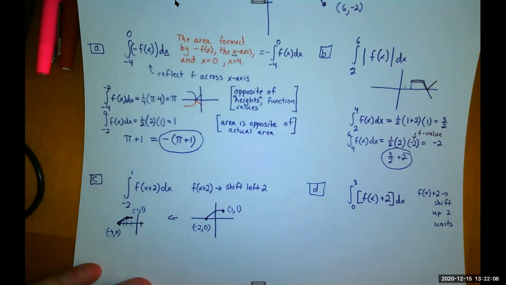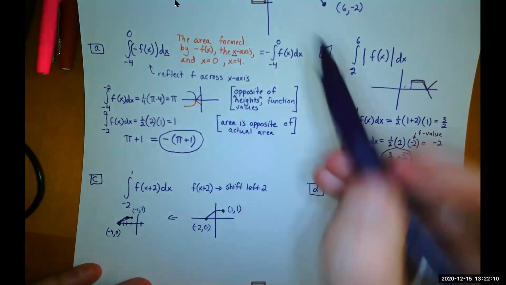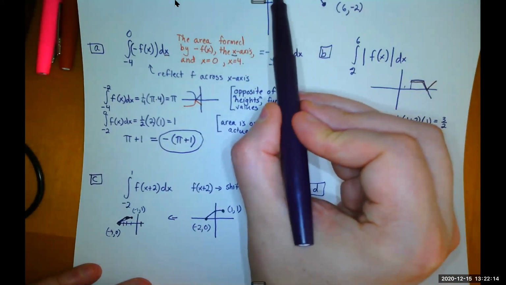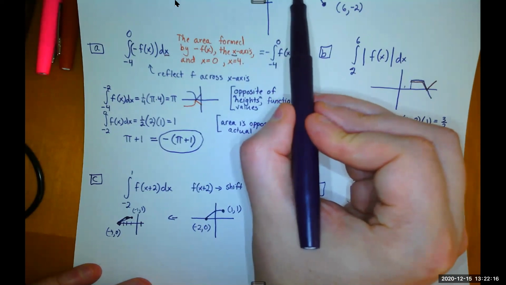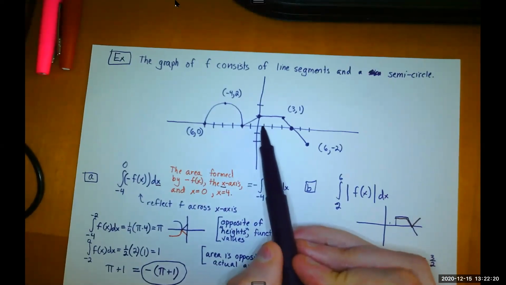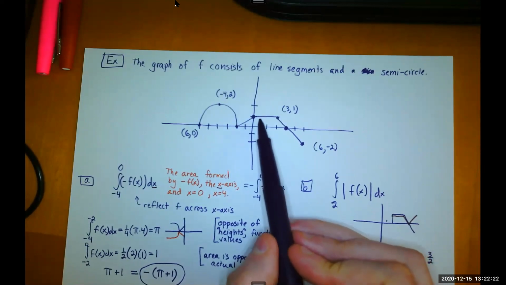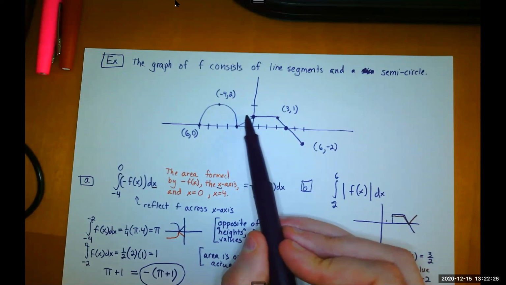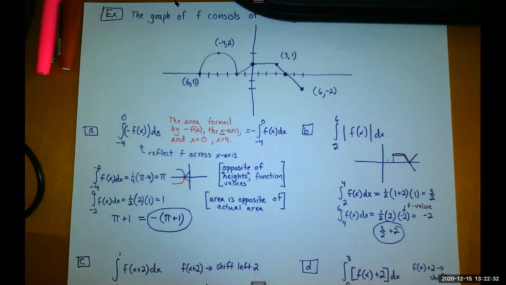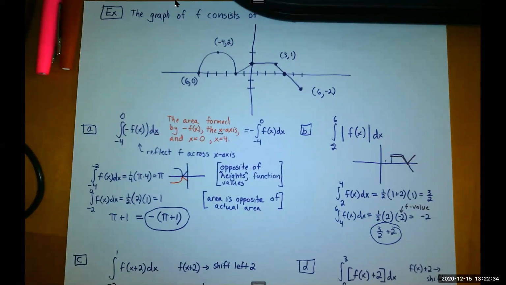So how are we going to do that? Well, +1, if we shift left 2 units, was over here at 3. Oops, you can't see that. So +1 before shifting is here, right? After shifting, +1 is over here. Well, 3 after shifting is over here at +1. So that means we've got that.